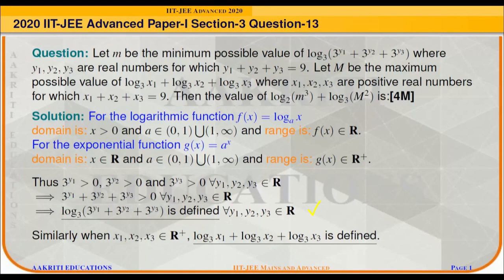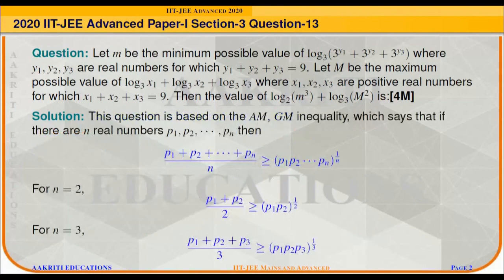Similarly, it is given that x1, x2 and x3 are positive real numbers. It means log x1 to the base 3 plus log x2 to the base 3 plus log x3 to the base 3 is defined. Now, let's go to the solution part of this question.